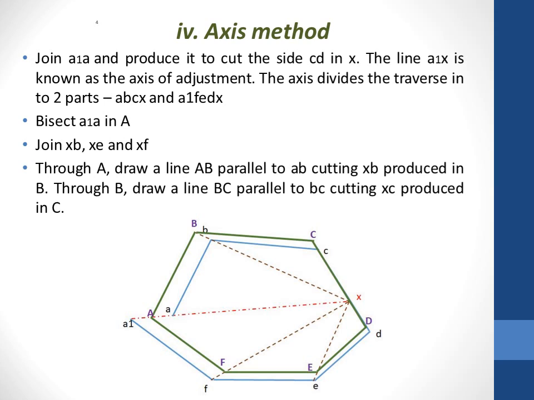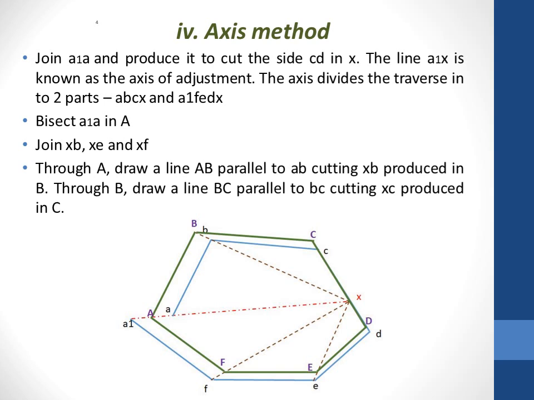Please, whenever I am saying this, just see the figure. You are drawing the line capital AB, and you have to end it at a point which will coincide with this prolonged line from XB, so that you will get capital B.